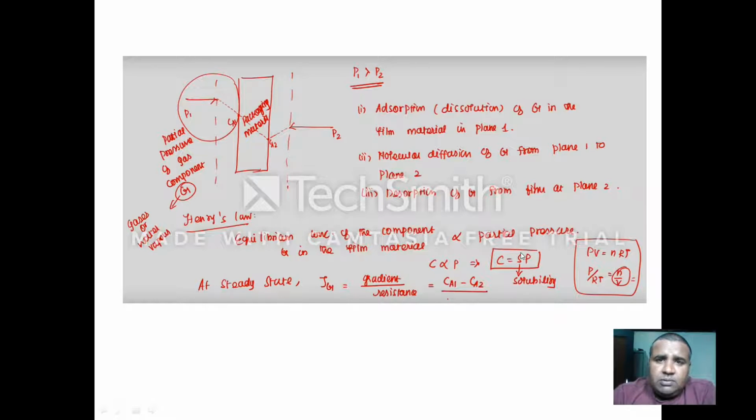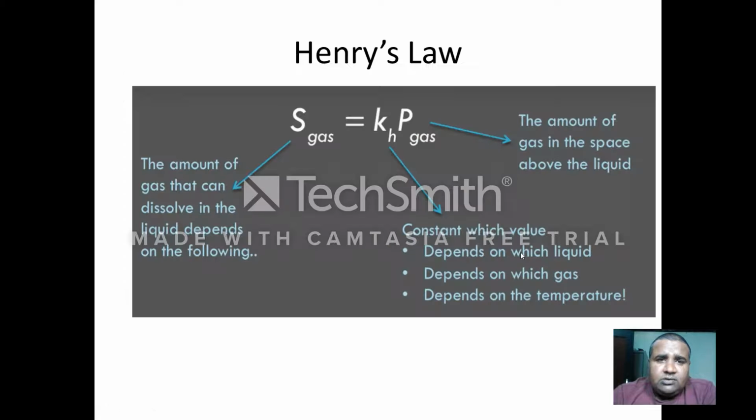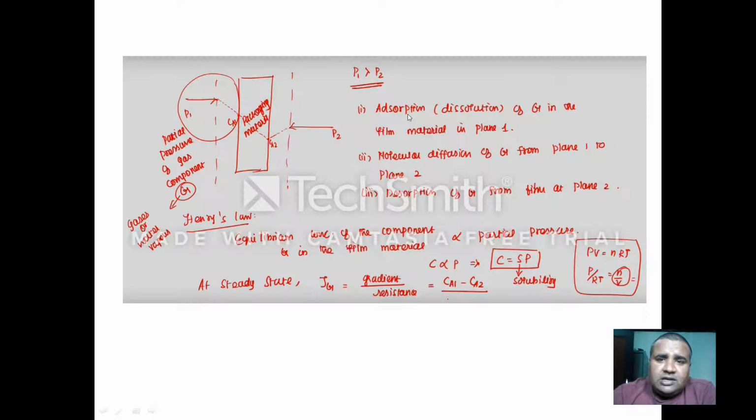Before this, we were talking about Henry's law, and according to Henry's law, S is directly proportional to the gas pressure. Now we are talking about the concentration. Concentration is directly proportional to the partial vapor pressure, and if we remove the sign of proportionality, it will come to solubility.